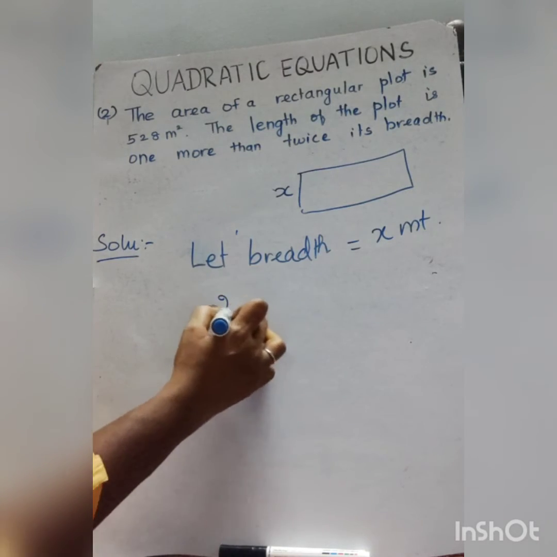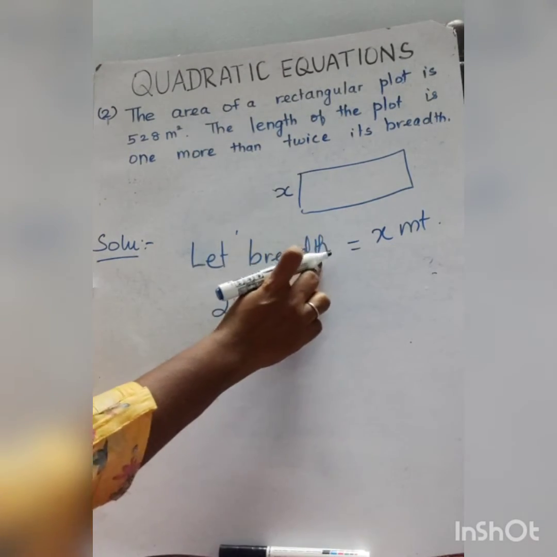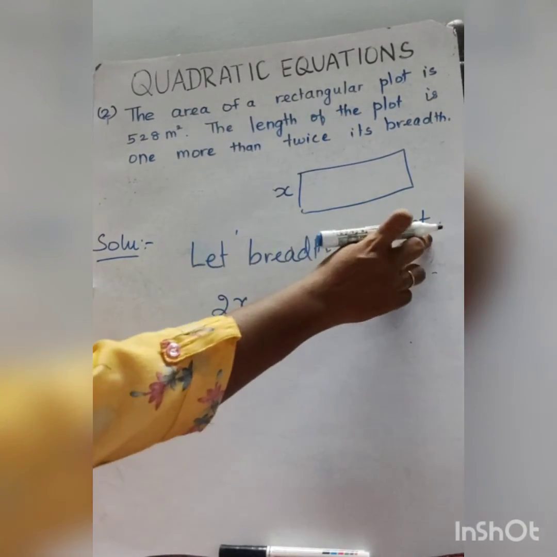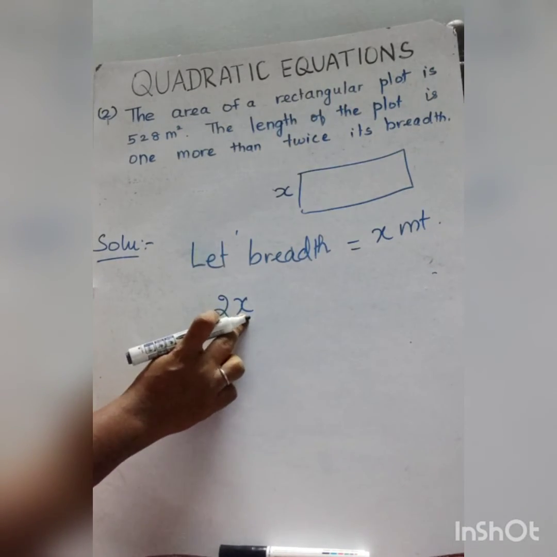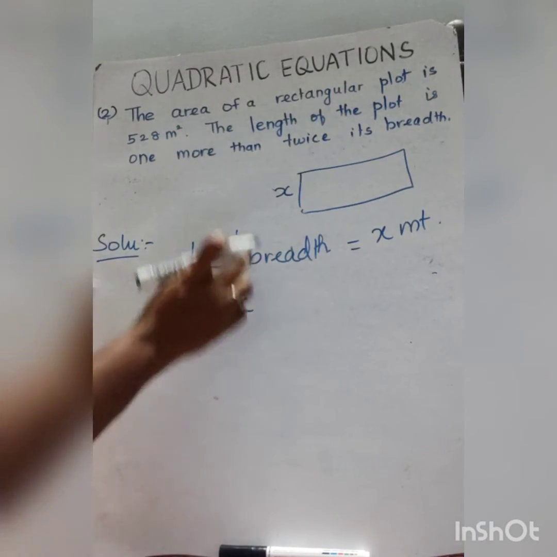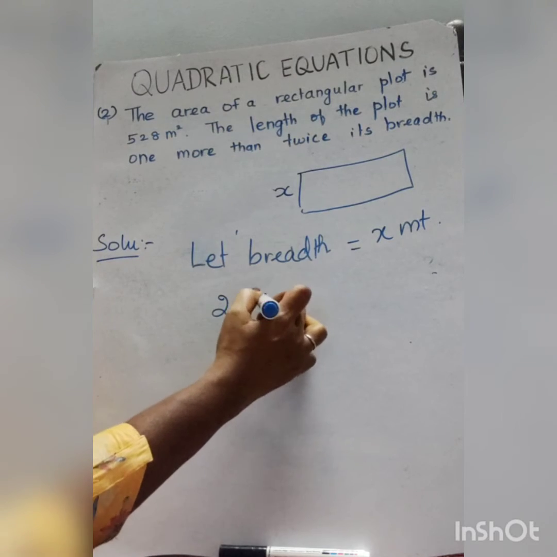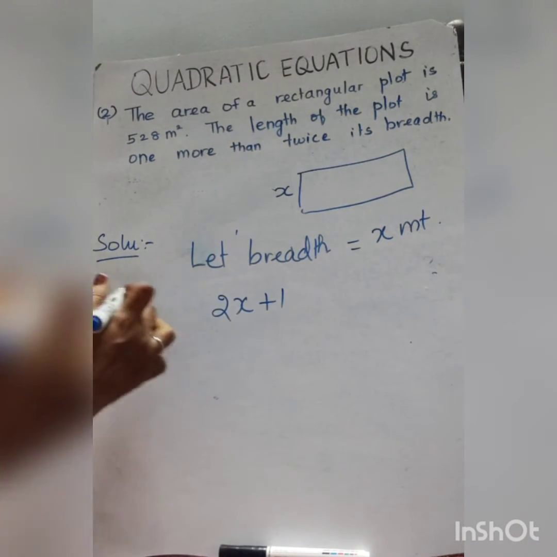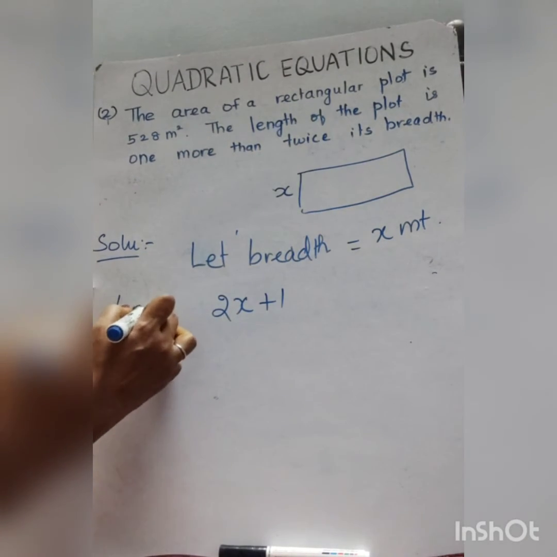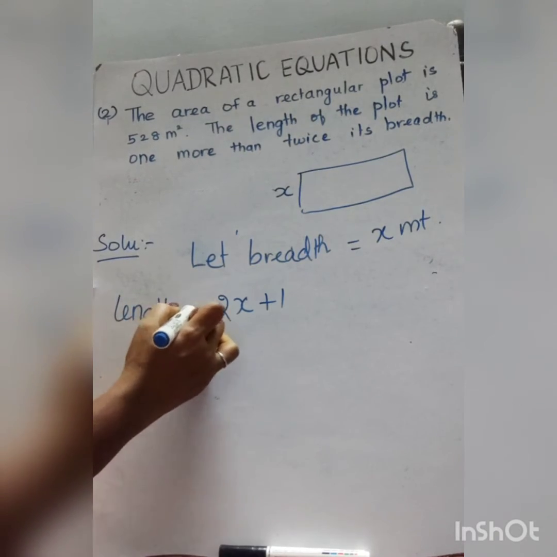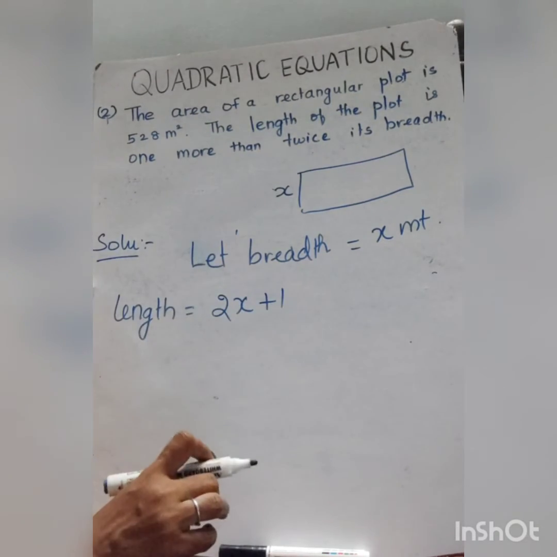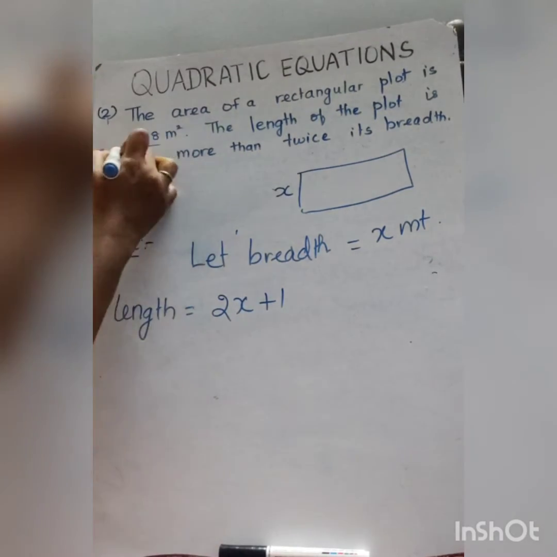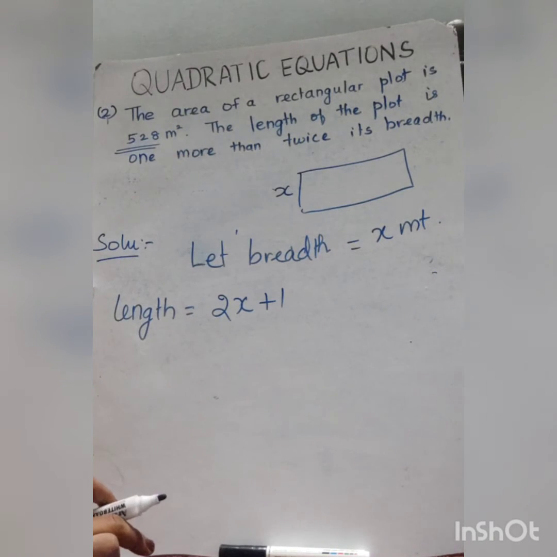Twice its breadth is nothing but 2x, because I have taken the breadth as x meter. Twice its breadth is going to be 2 times x, and 1 more than, so plus 1. So the length is going to be 2x plus 1, and it is also given that the area is 528 meters square.